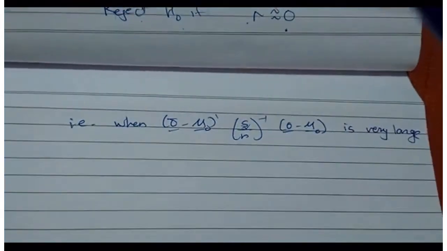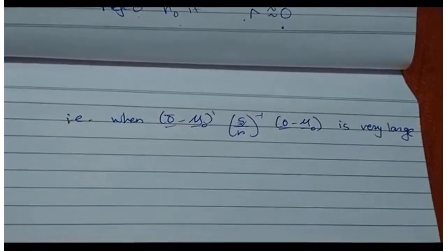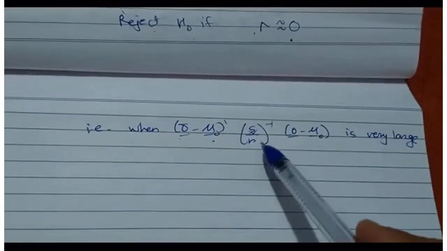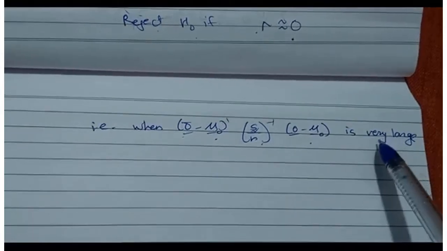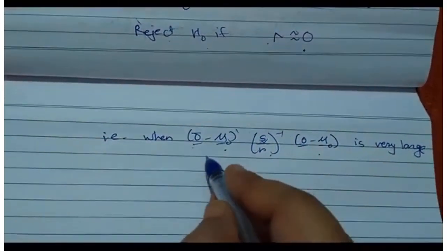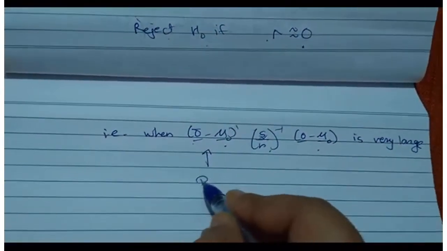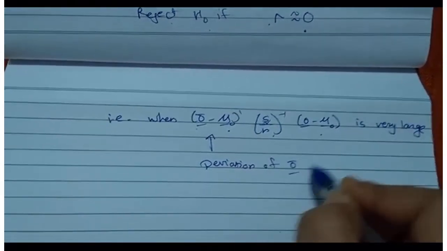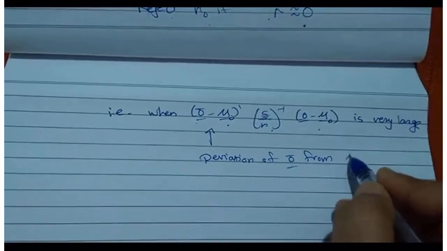Now let us see if intuitively this makes sense. Yes, because if O bar minus mu naught prime S by N inverse O bar minus mu naught is very large, what does it mean? This is a kind of deviation of O bar from mu naught, right?